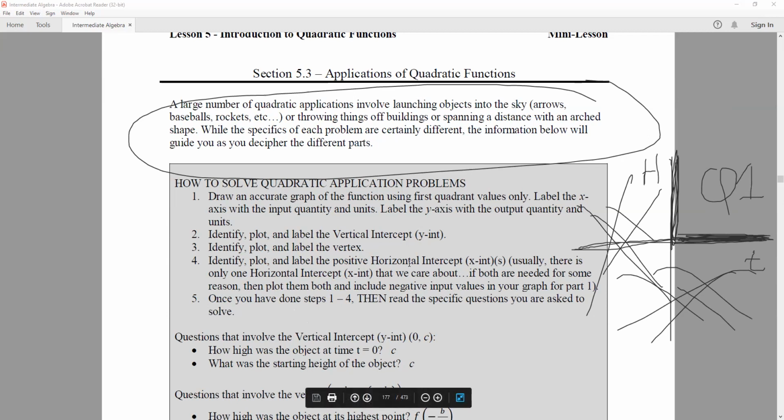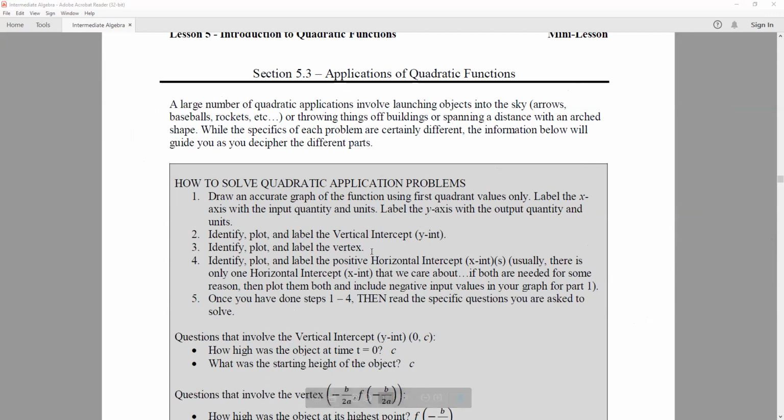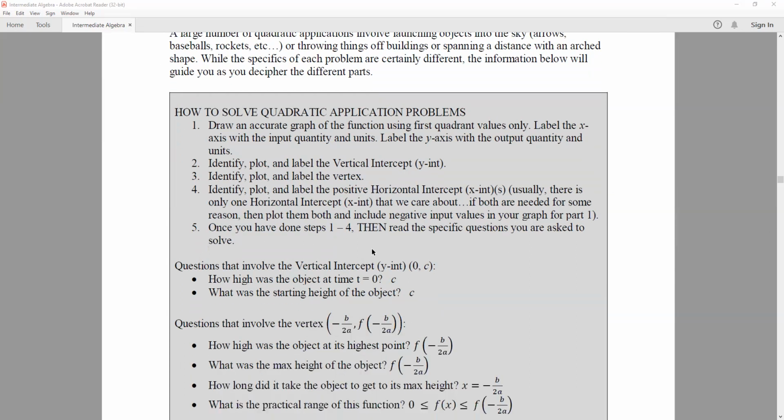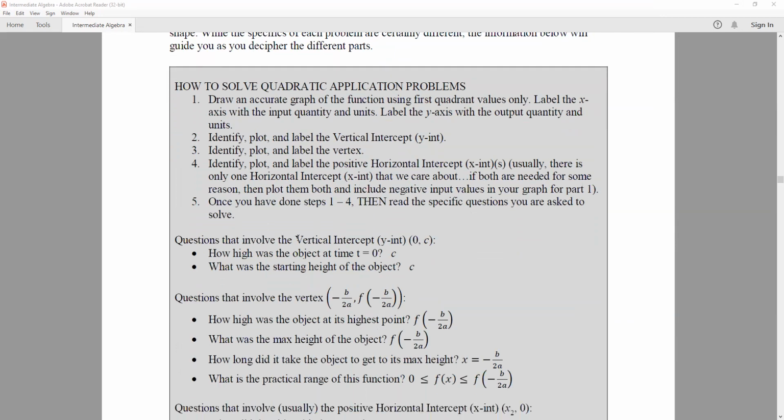Now, because this is an application problem, you're always going to have the problem set up practically. So if the question wants you to find the y-intercept or the vertical intercept, it's not going to say find the y-intercept. No, because this is a practical problem.